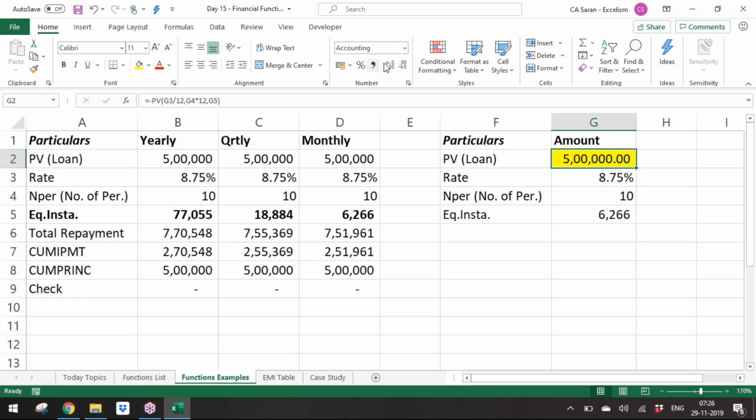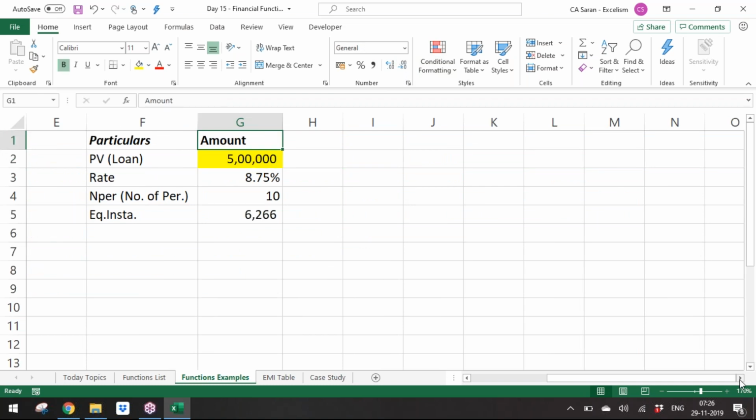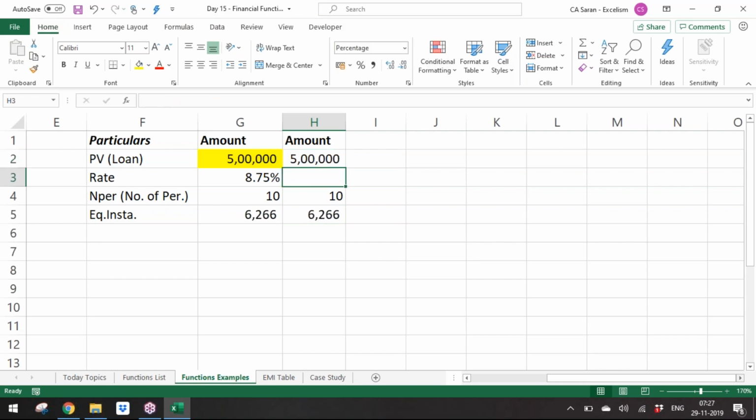These are all just other-way-around functions. For example, now I want to know the same thing here, but this is 5 lakh. Let's say interest is not there and I want to calculate the interest. What is the method I follow?